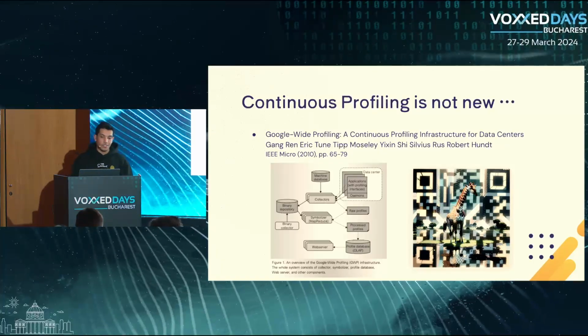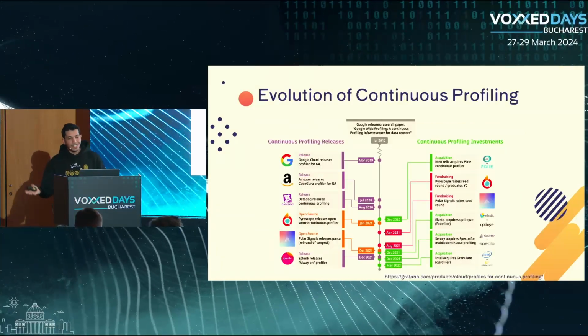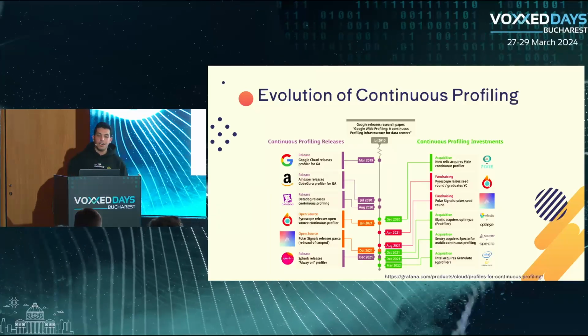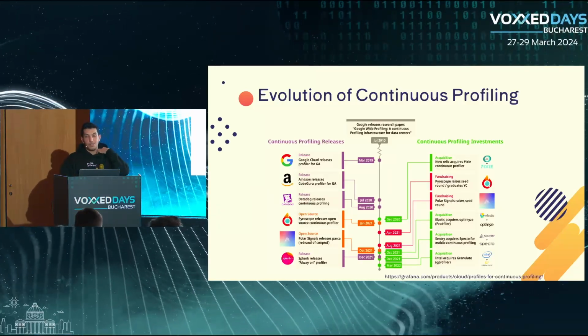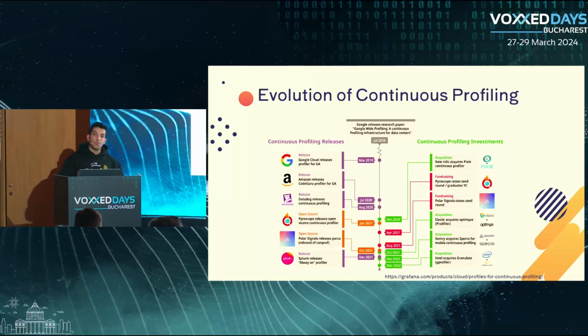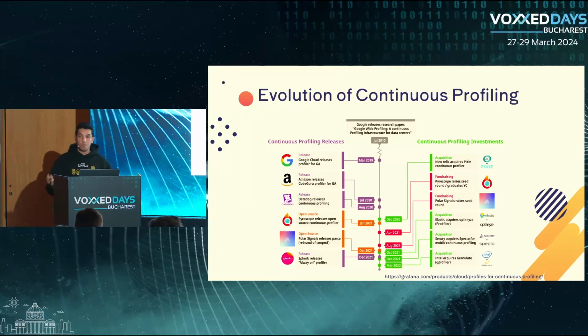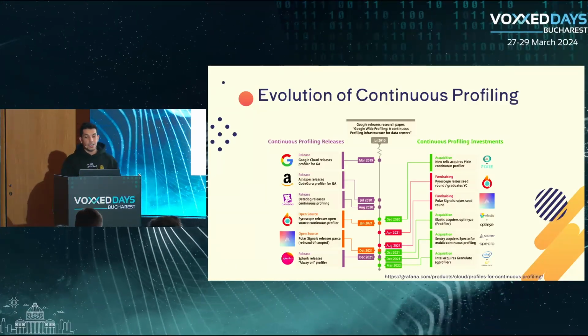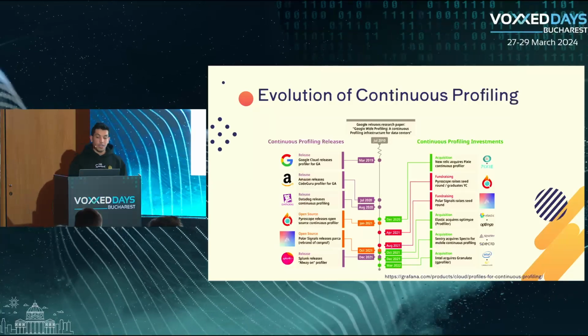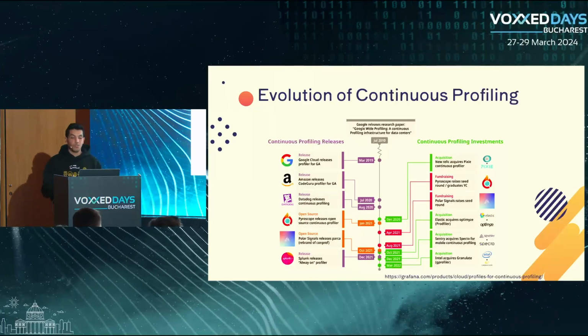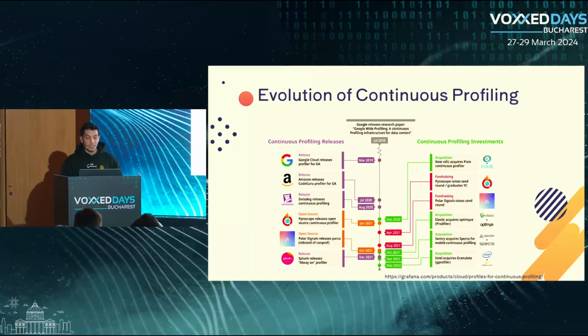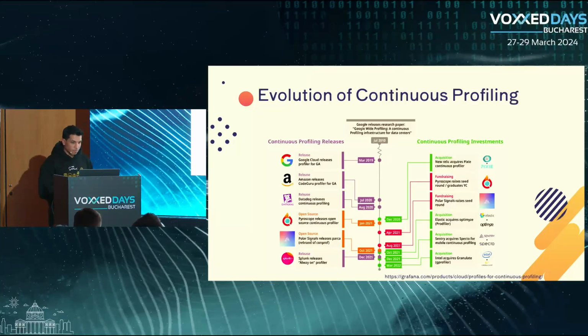And then, especially with the rise of the cloud-native era, there are more and more tools, both open source and commercial, that advocate for continuous profiling and make its adoption a lot easier and more seamless.